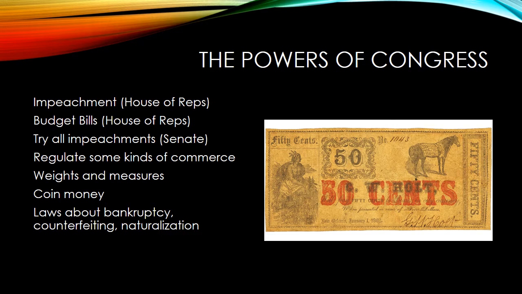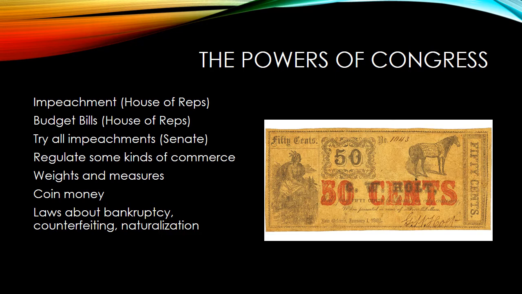All budget bills start in the House of Representatives, and the reason for that is that very long connection going all the way back to Charles I and ship money, the connection between taxation and representation. That taxation has to be consented to by the people, and that is why, given that only the House of Representatives was directly elected by the people in the early days of the Republic, they were in charge of all budget bills.